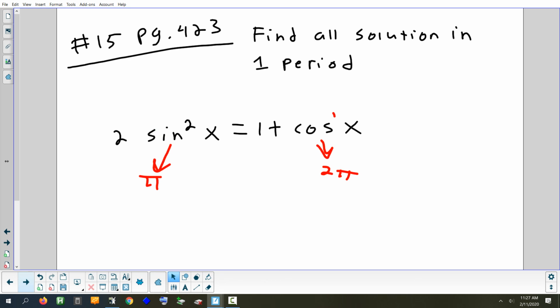So when they ask for all solutions within one period, you're finding them from 0 to 2 pi or 0 to 360, however you want to do it. Let's do 0 to 360. If this one came out to pi and that one came out to pi, then I'd be doing 0 to 180. I'm doing the LCM of the periods, just like when we graphed, we had to find the LCM.